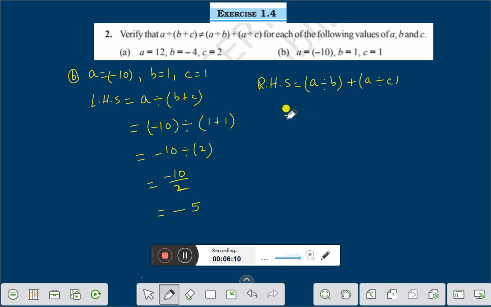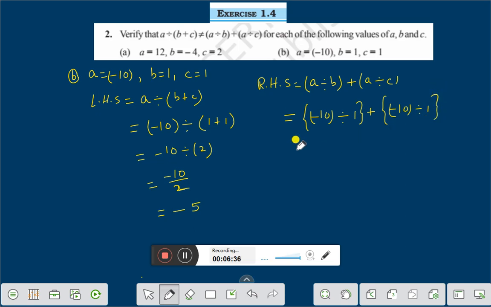A divided by B. A is minus 10 divided by B is 1, plus A is minus 10 divided by C, that is divided by 1.